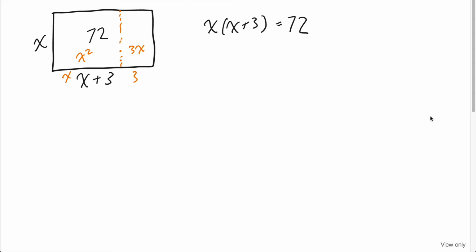So those are the areas. So basically x squared plus 3x equals 72. So we distributed the x to here, and that's what you get. And then you subtract 72 from both sides to get it into the standard form, x squared plus 3x minus 72 equals 0.